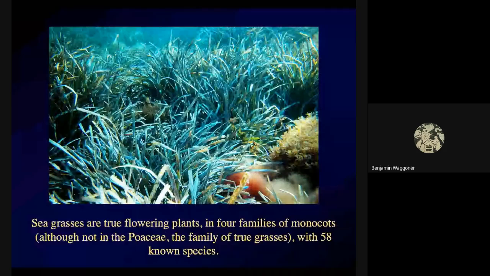Don't confuse seaweeds with sea grasses, because seagrasses are true flowering plants. They're in the monocots. They're not in the family of true grasses, but they are in fact vascular plants, and they've got leaves and veins and stems and all of that. And there's 58 known species. You get a lot of this in the Gulf of Mexico. The sandy beaches are where everybody wants to put their motels and all that.